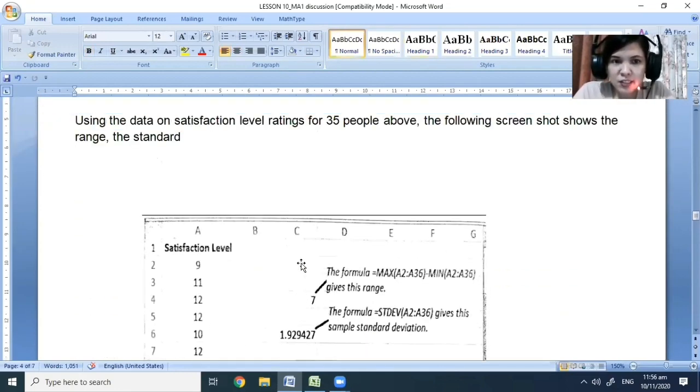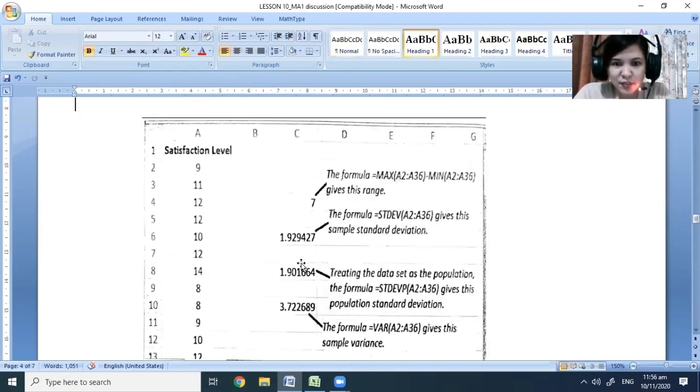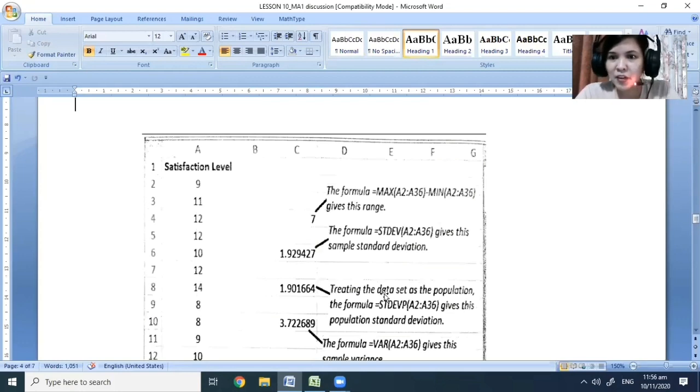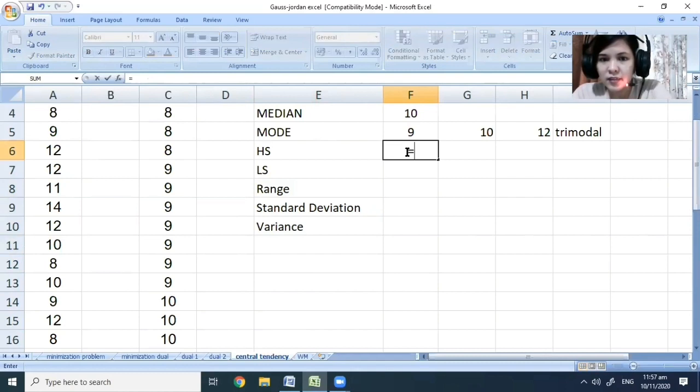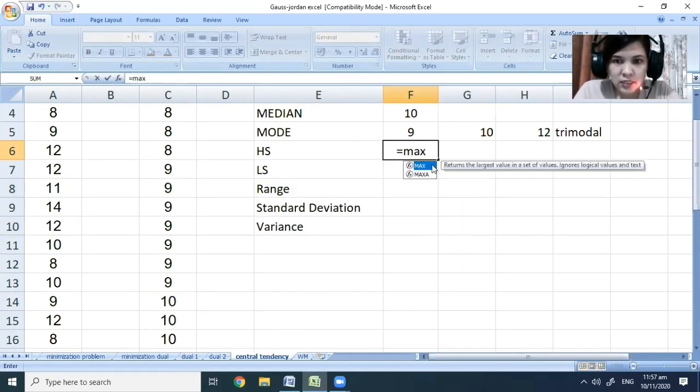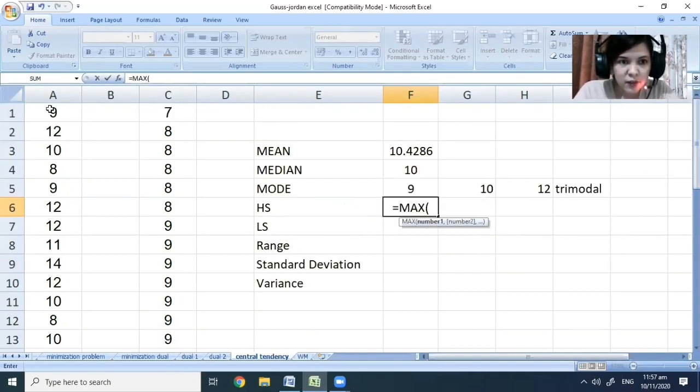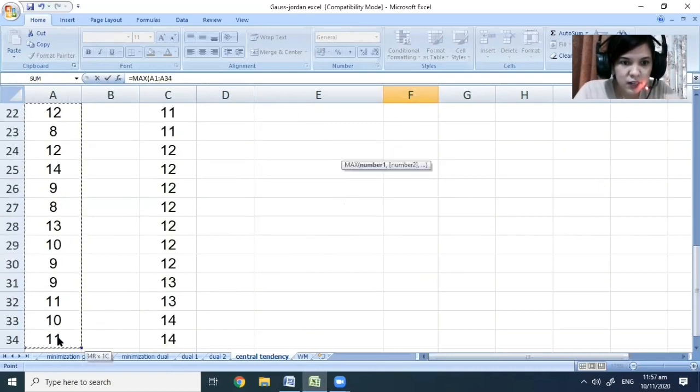Using the data on satisfaction level ratings for 35 people, the following screenshot shows the range, the standard deviation, and the variance. So ayan. How are you going to compute the range, standard deviation, and variance in MS Excel? Let's first get the highest score. Type equals, then type max. Click the formula. Drag your data from cell A1 to cell A35.